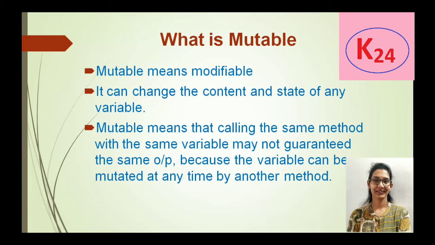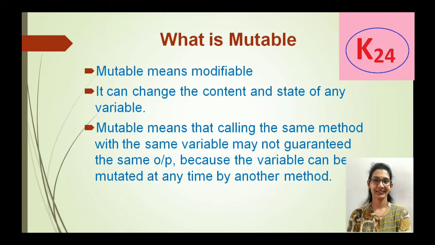Mutable means modifiable. It means the internal content and state of an object can easily be changed. Or mutable can be defined as: calling the same method with the same variable may not guarantee the same output, because the variable can be mutated at any time by another method.